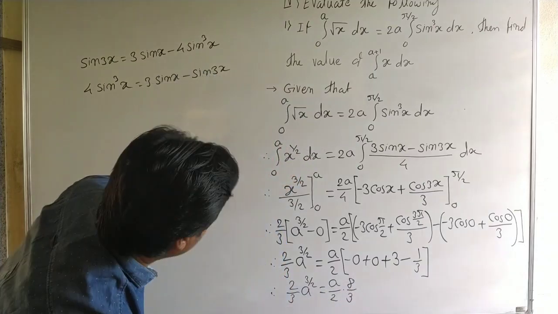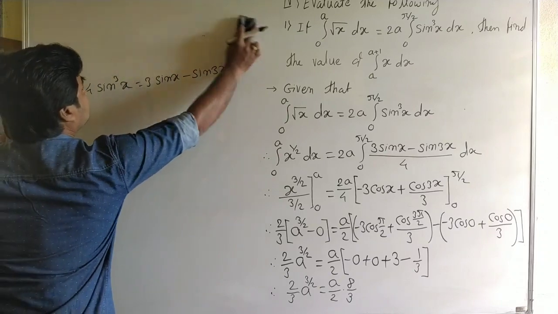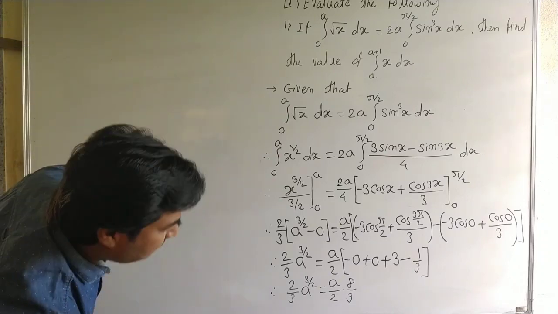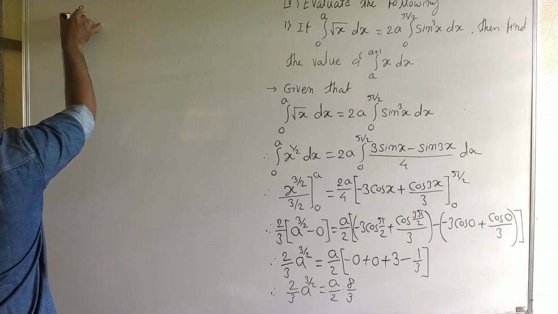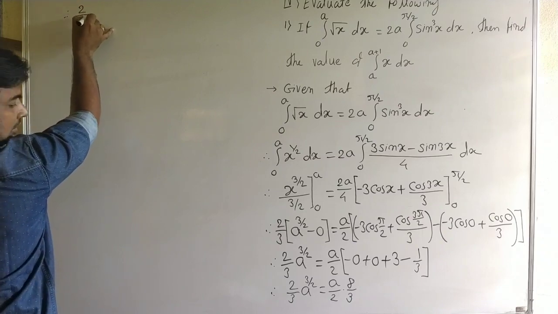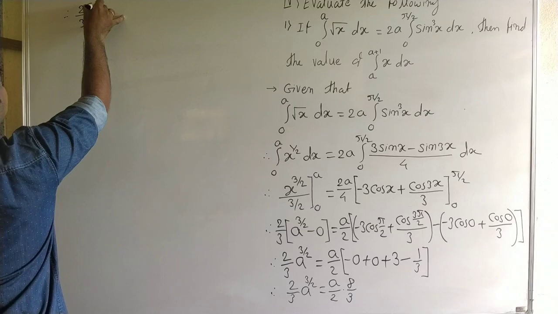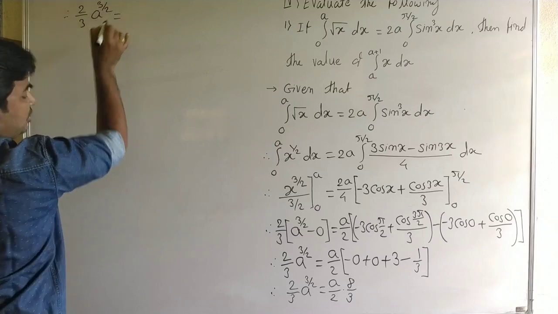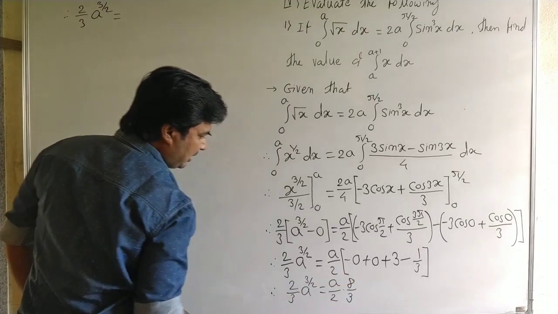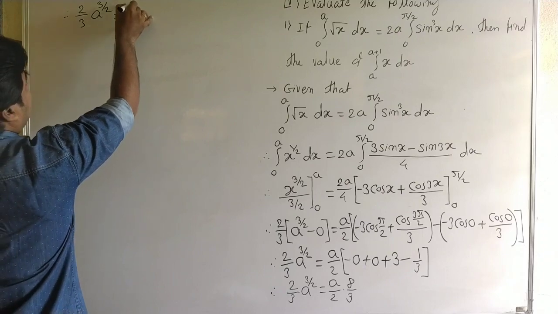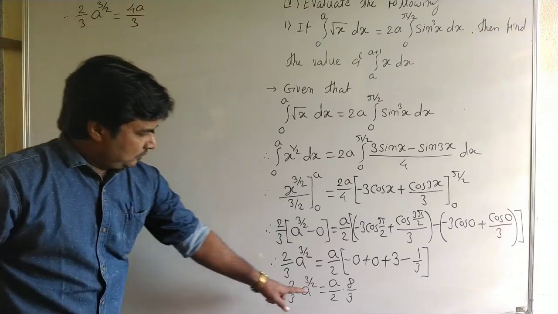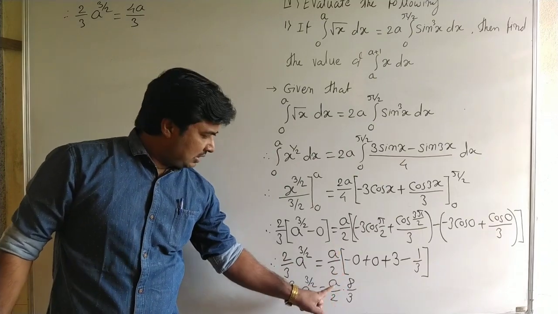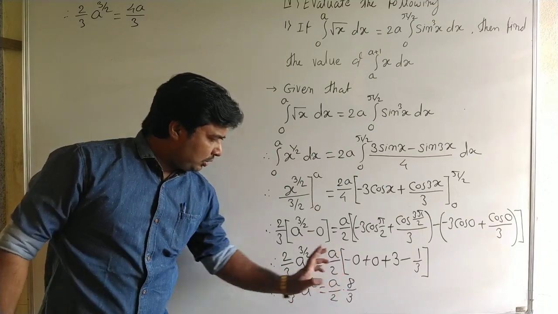Okay, now here 2 by 3 a to the power 3 by 2 is equal to, 2 gets cancelled, therefore it is 4a upon 3. 2 and 8, it is 4a upon 3.